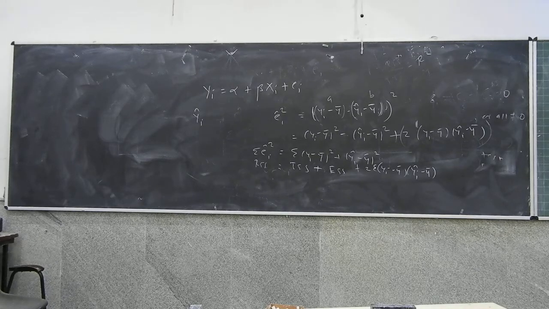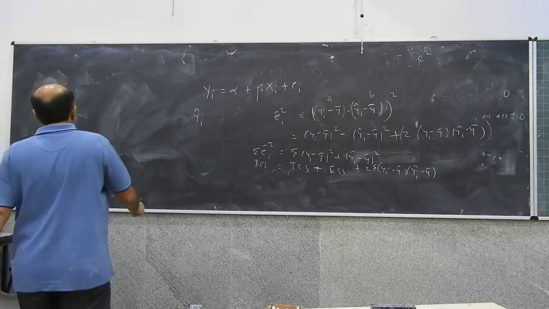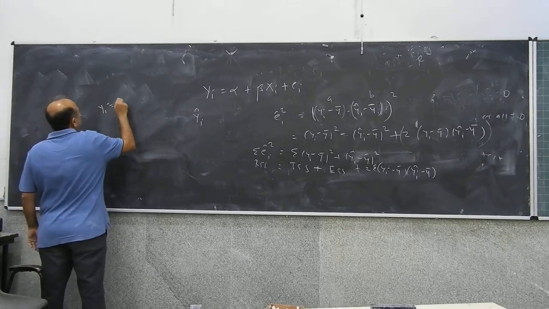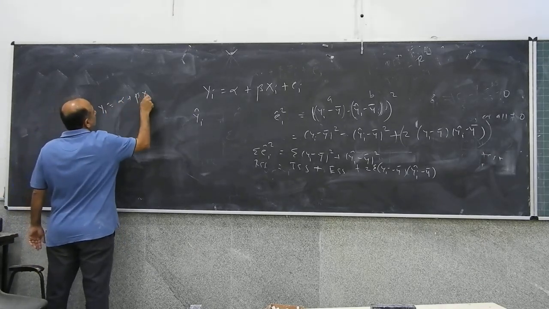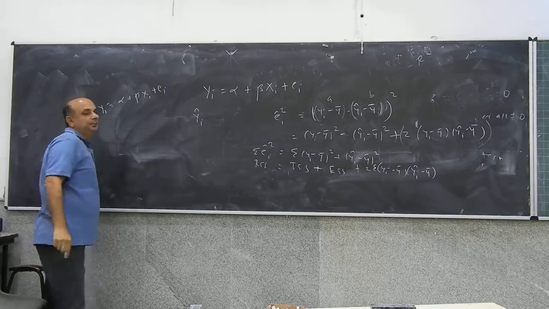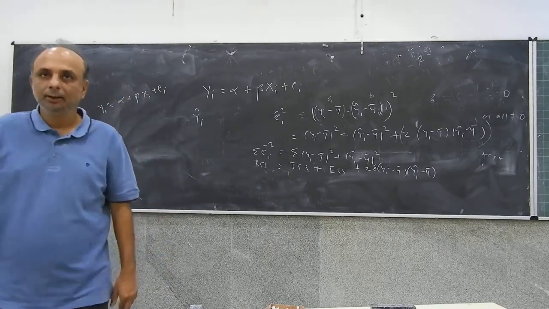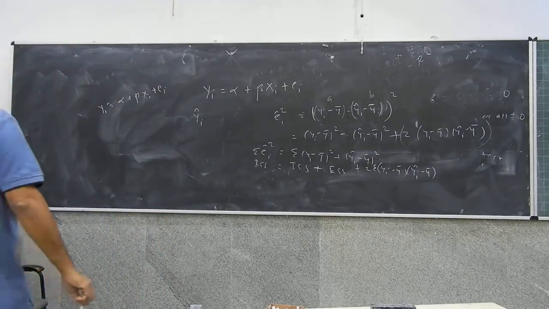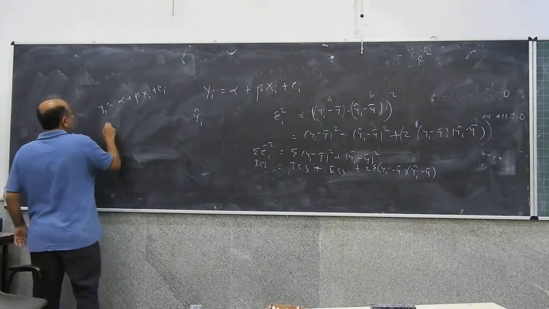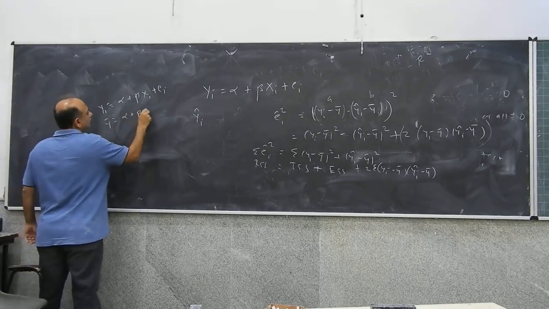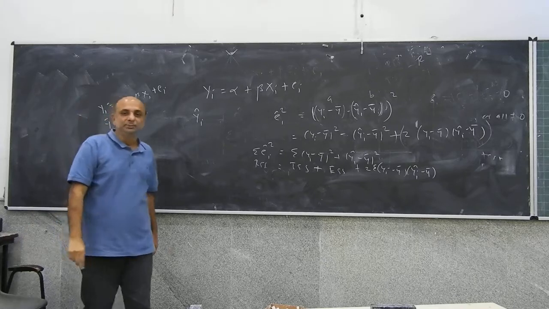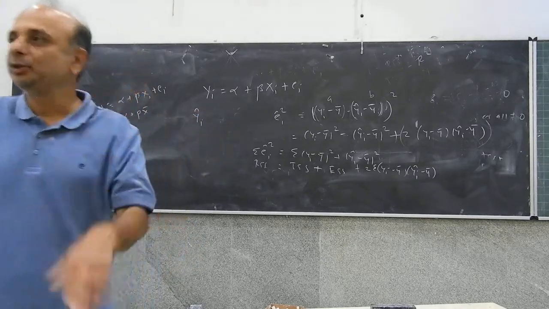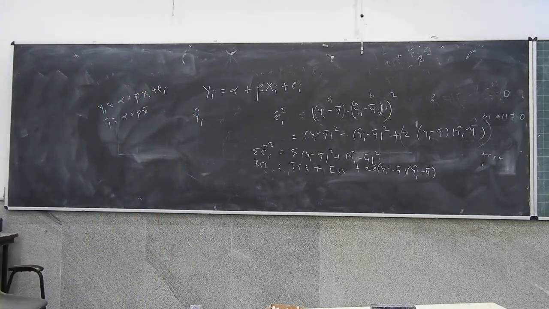Okay, so suppose you think of yi as alpha plus beta xi plus ei. What is y bar? Alpha plus beta x bar. Take the average on both sides. Average of e will be 0.